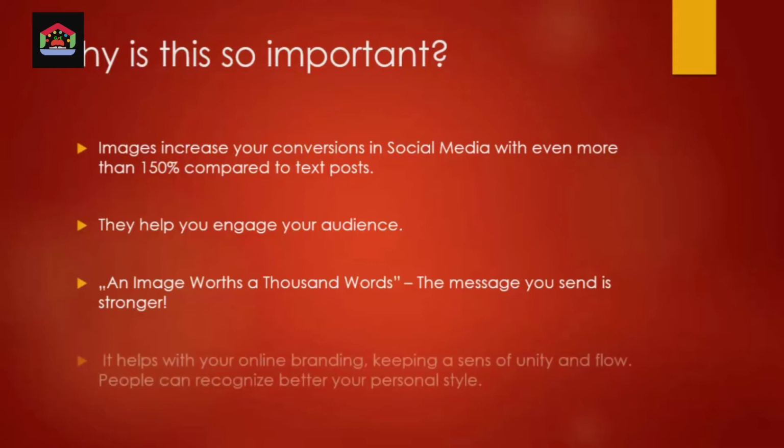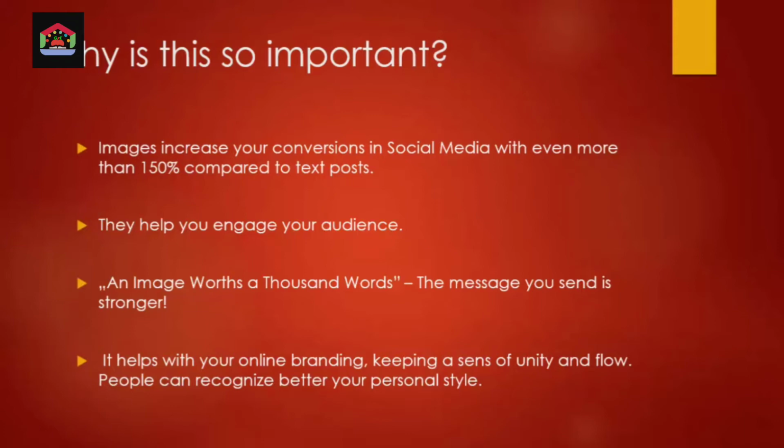Okay. And the last thing that I would underline, though there are many other important things related to images, I thought that these four are the ones that have the greatest impact in the beginning when starting to use images properly in your social media campaigns and marketing. The last one that I would point out is that images help with your online branding, even if it's for a business.